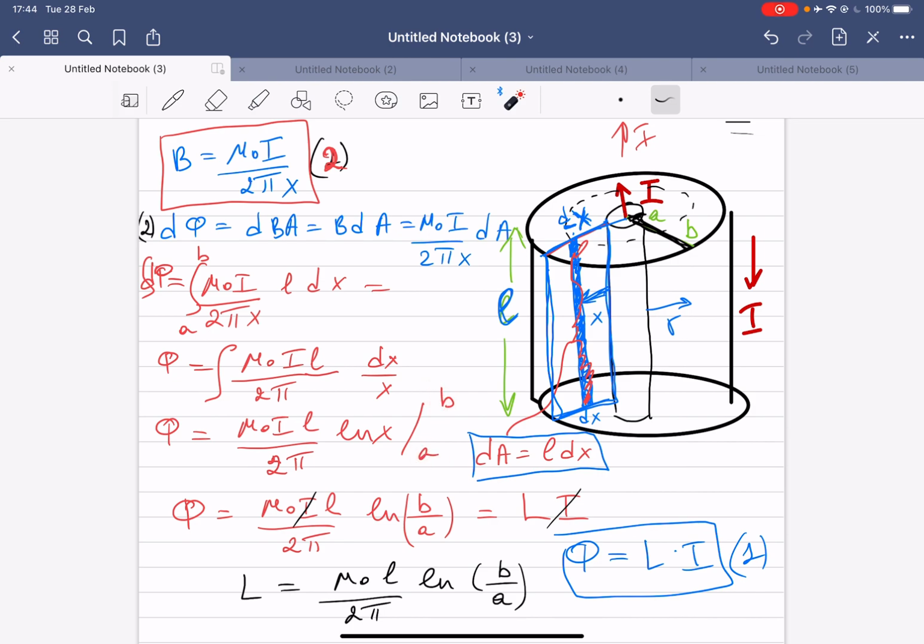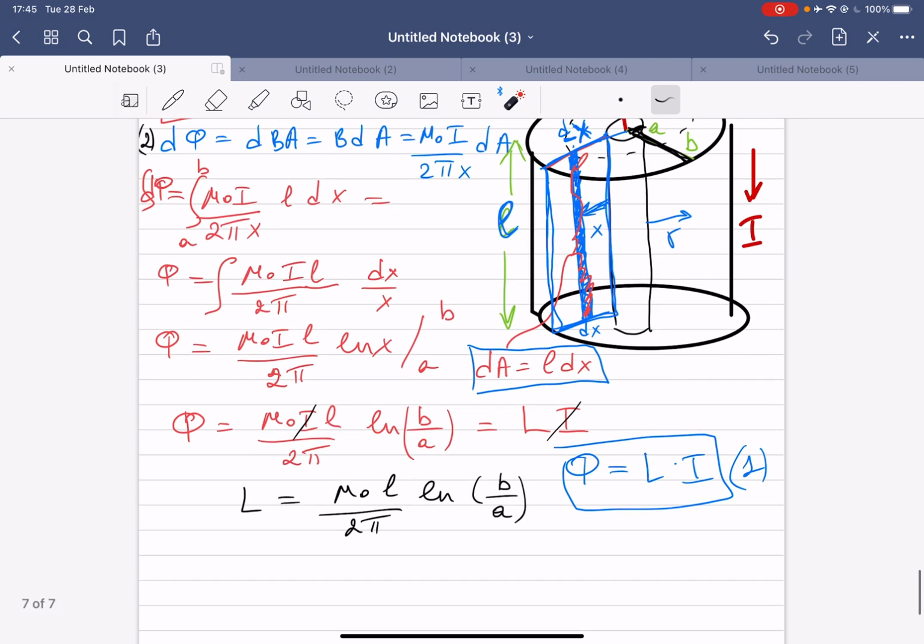So you put in the numbers, and you will get mu naught I L divided by 2 pi ln b over a, and this one is also equal to L times current, and this current cancels out with that current, and the final formula will be L is equal to mu naught l divided by 2 pi ln b over a. That's it.